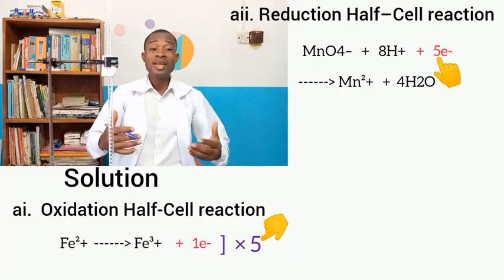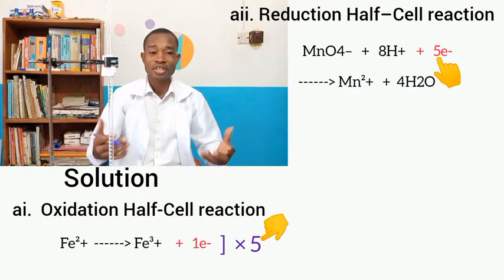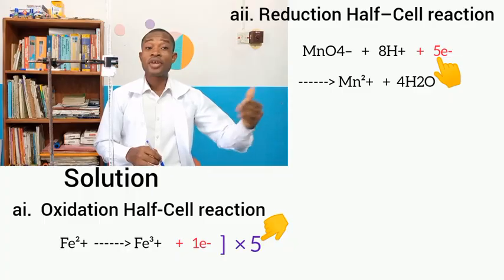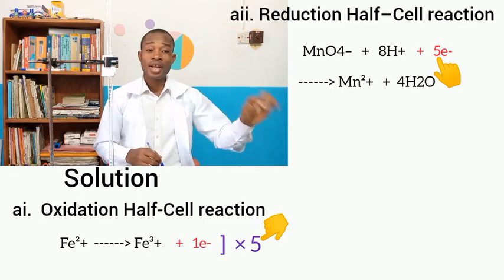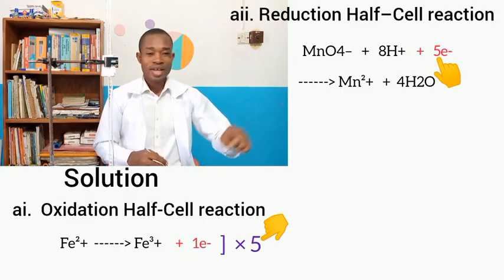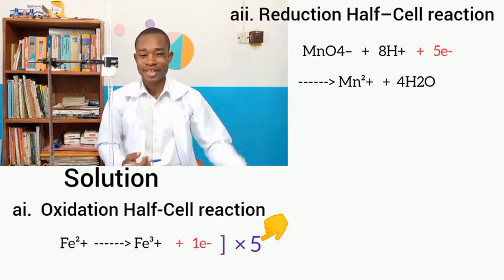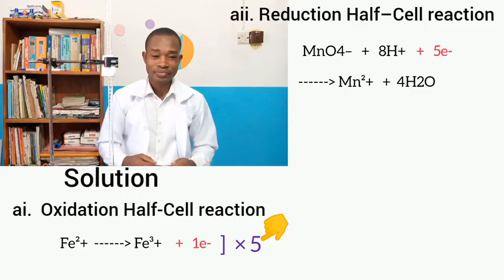Which means that the main half cell oxidation reaction equation for this process will now be iron 2 ion giving us the product iron 3 ion plus 1 electron. Then of course I open a square bracket, and then I'll write times 5 there.